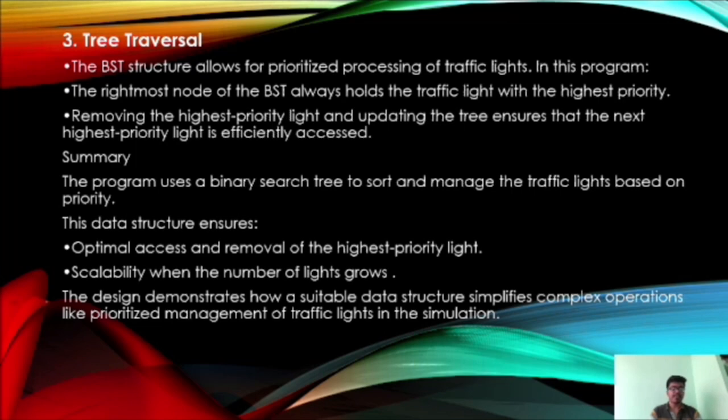As the number of traffic lights increases, the binary search tree can continue to operate efficiently with logarithmic time complexity for common operations like insertion, removal, and searching. The binary search tree structure simplifies the management of prioritized tasks, such as determining which light should have the green signal based on its priority.